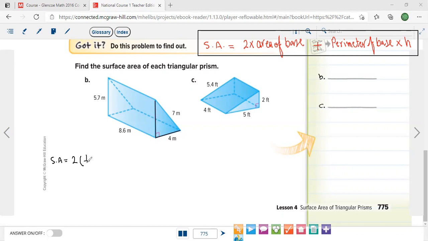So here I'm going to write half multiplied by 4 multiplied by 5.7 plus perimeter of the base shaped like a triangle. So perimeter of base means sum of sides, 4 plus 7 plus 5.7.